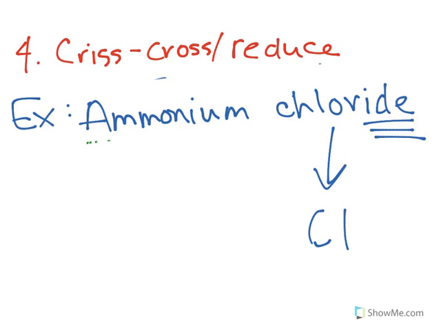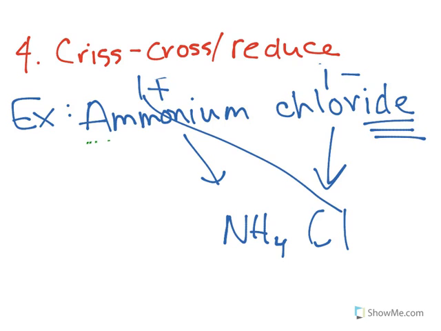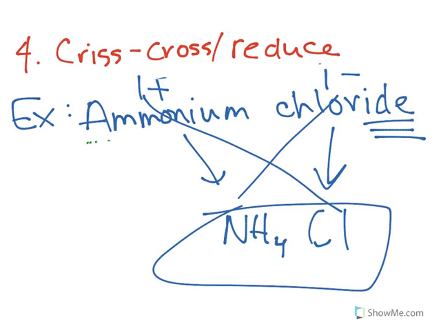Okay? And then ammonium, if you look at your polyatomics chart, that is NH4, and it has a 1 plus charge. Chlorine is group 17, so that has a 1 minus charge. So when we crisscross that, the one would go there, the one would go there, we don't write ones, so it would just be NH4Cl.